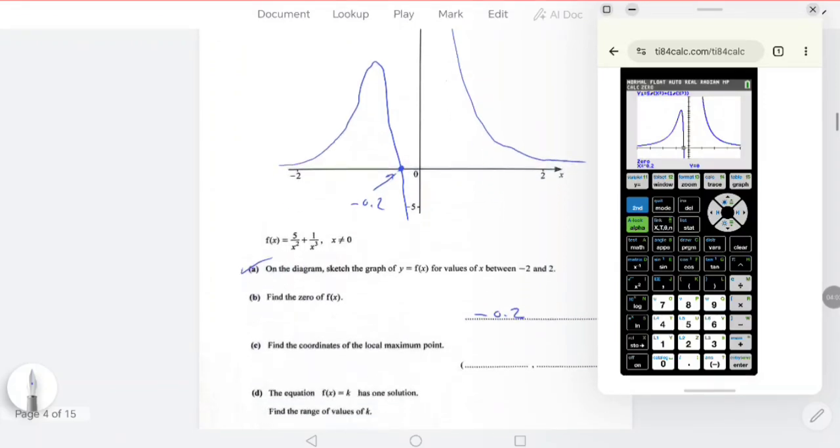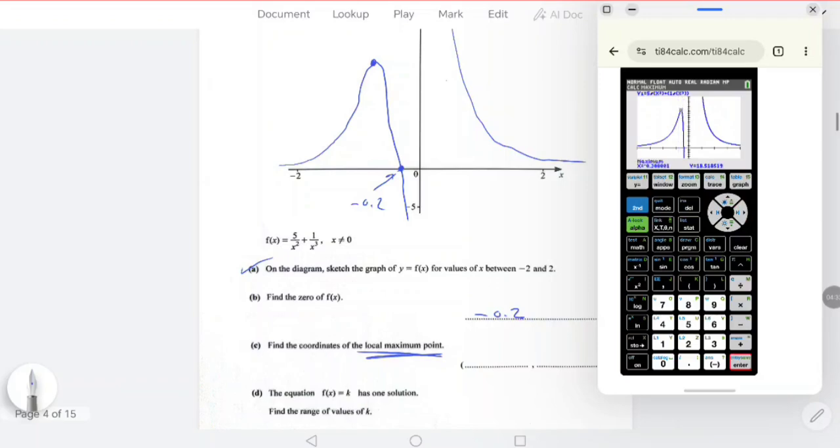Next, find the coordinates of the local maximum point, which is this one. Again, you go to calculator, second, then calc, and choose maximum, enter. Take a left bound before this point. It looks like -0.3, but to be accurate, take any point before, enter. Then the right bound, take any point after, enter, guess.